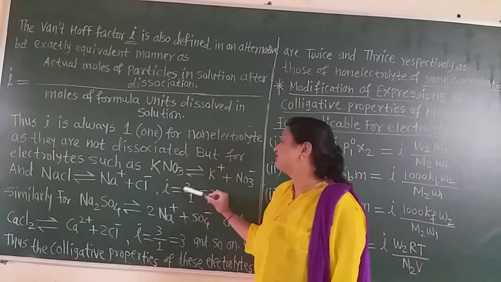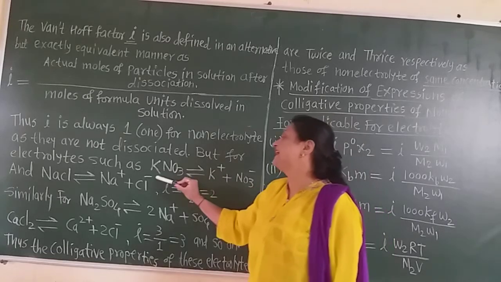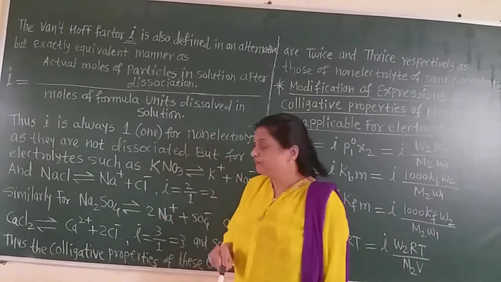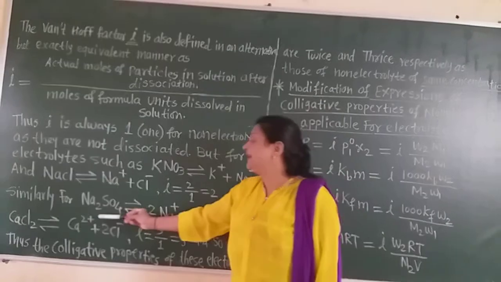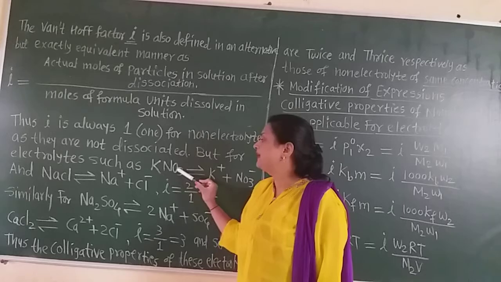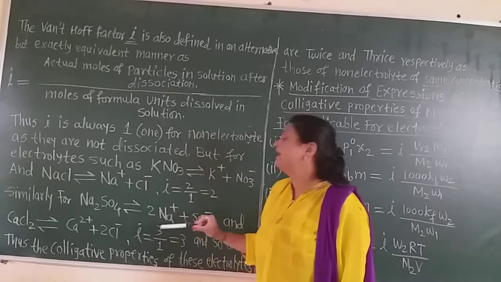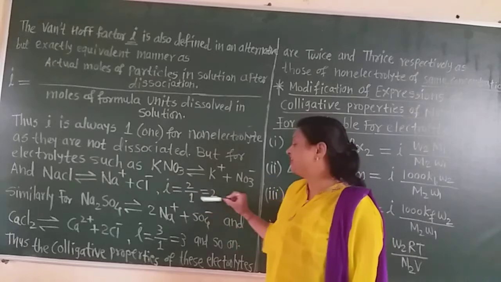So here i is equal to 2 divided by 1, which is equal to 2, for both KNO3 and NaCl. This is the potassium nitrate and sodium chloride. For potassium nitrate and sodium chloride, the value of Van't Hoff factor is 2.